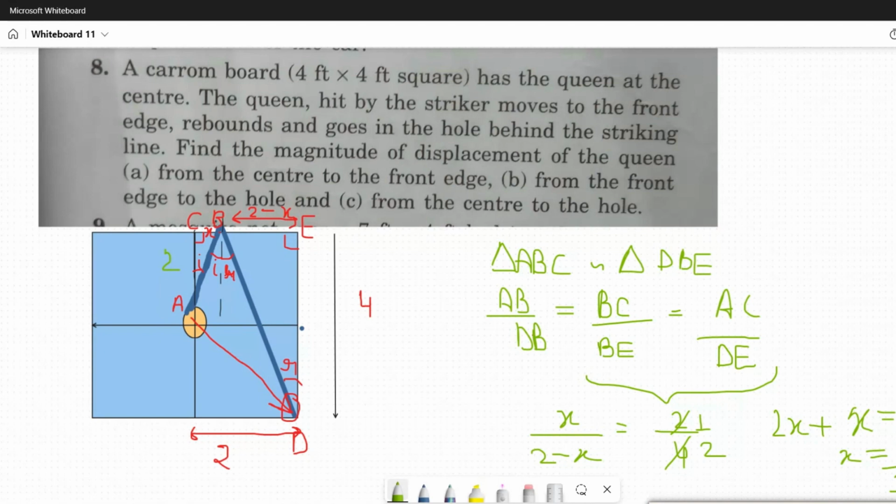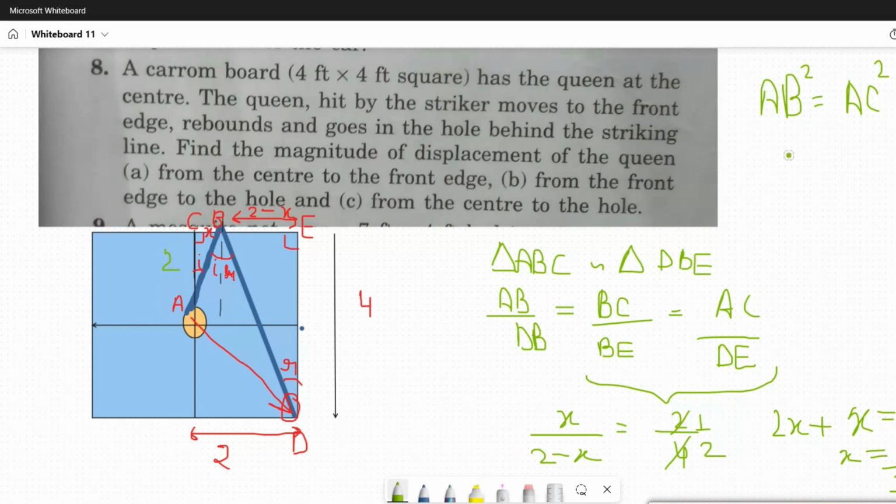Now we got our x, which is 2 upon 3. We know AC is 2. So in triangle ABC we apply Pythagoras theorem and we will get AB. So we know AB square is equal to AC square plus BC square.